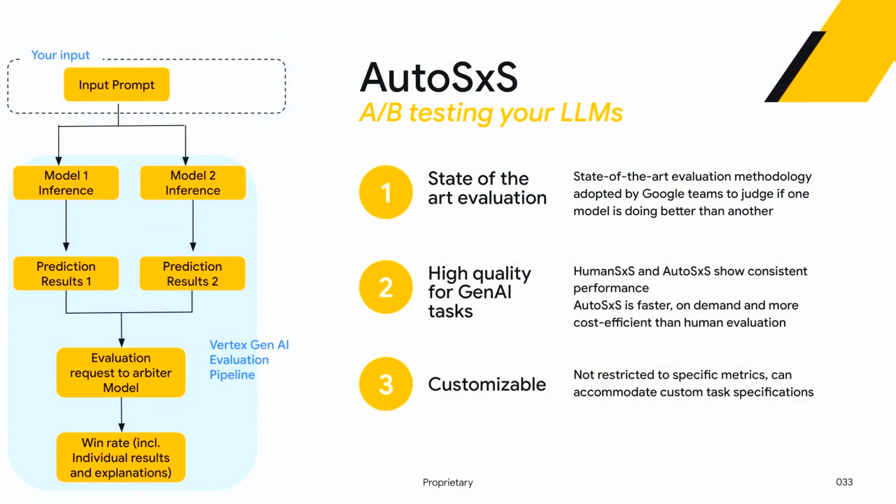What happens here in a nutshell is that auto side-by-side allows you to A/B test your LLM. You provide us input prompts. And auto side-by-side then compares the performance of two models against each other. And it's doing that by using a third model that we call the arbiter. So we have a situation where it's LLM against LLM, and there's a third LLM that's judging the outputs. Let's, again, have a look at how this looks like.